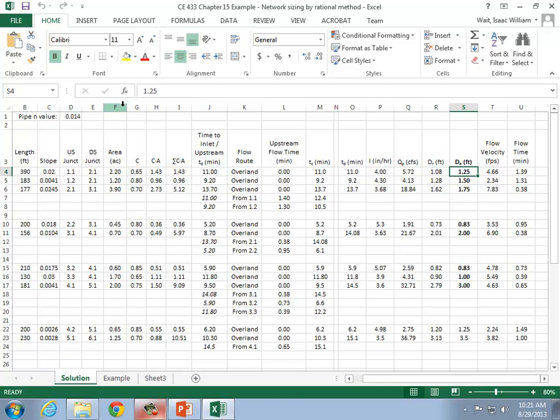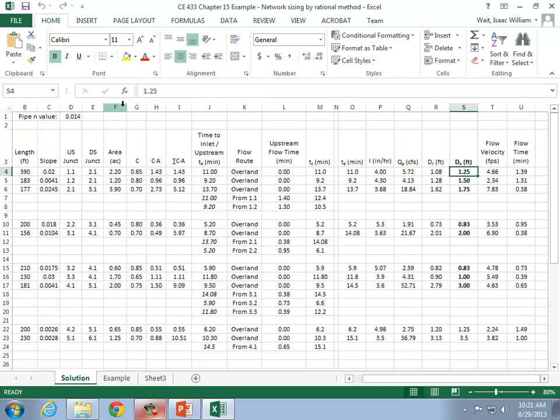13.7 is the time here, and the upstream flow time, that's how long it takes to travel through the pipe before it gets to pipe C. And so from 1.1, we're provided with the travel time from this inlet to that one. And the 1.4 minutes means that the total time of concentration is going to be 12.4, because that takes into account the flow over the surface of 11 minutes and then the flow through the pipe of 1.4 minutes.